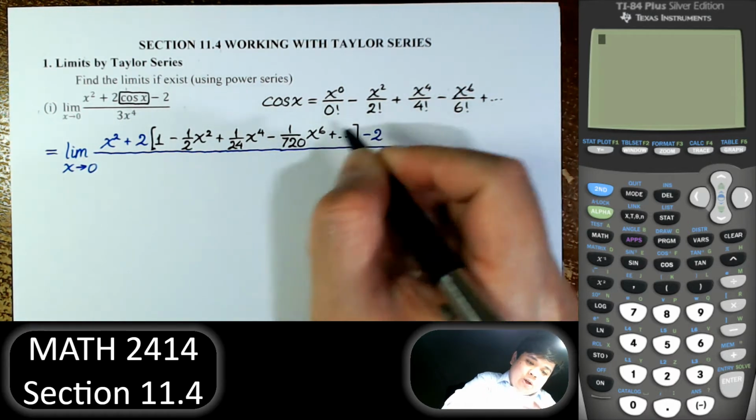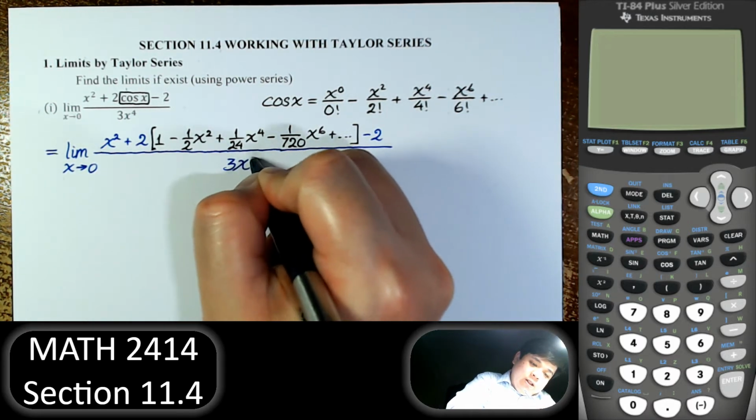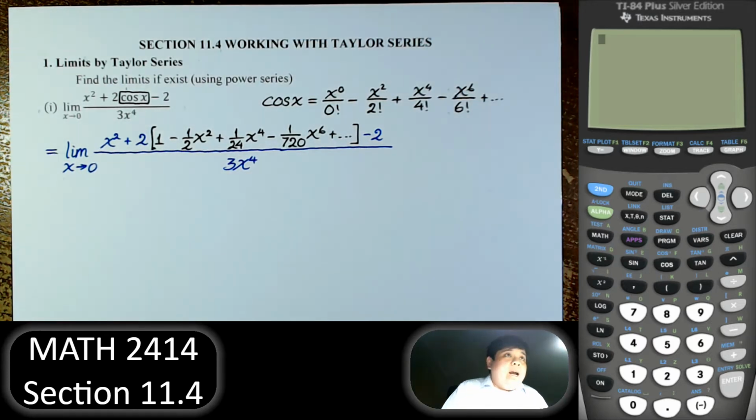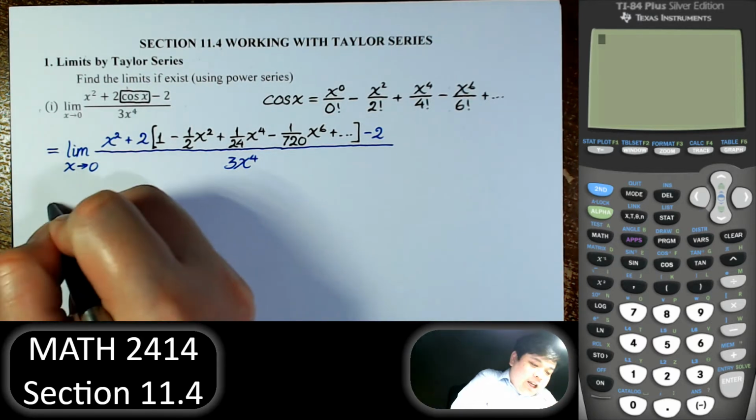Subtract 2 over 3x to the 4th power. Now multiply them out, simplify, and then find the limit.